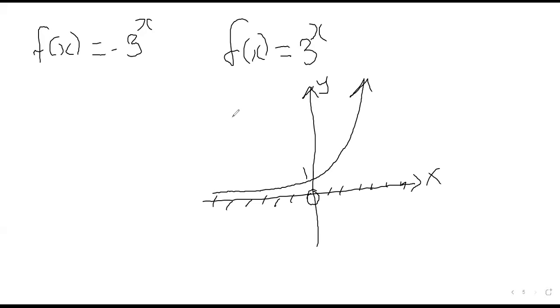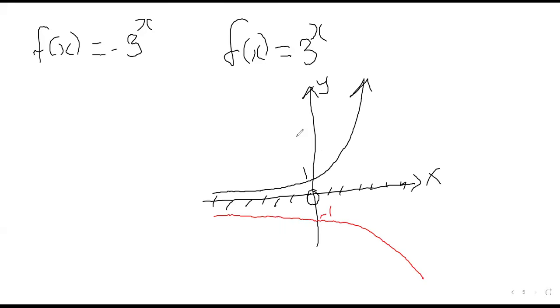So when we reflect this, we expect to have a graph of this nature. So it's just a reflection. So that one will be down here, so it will be at negative 1. So that's a graph of this. This is just a reflection of this.